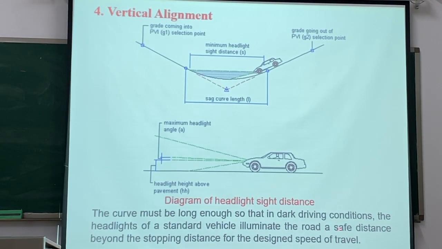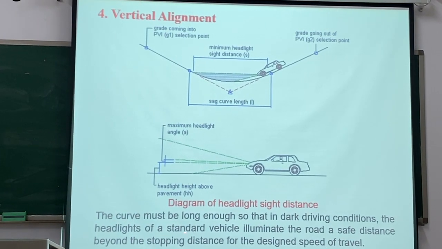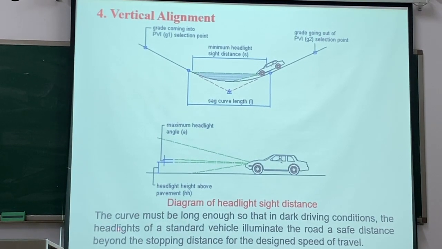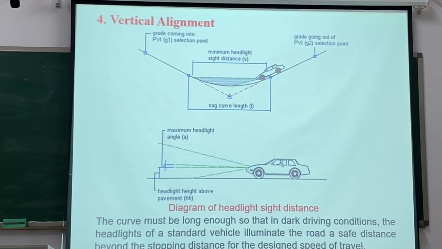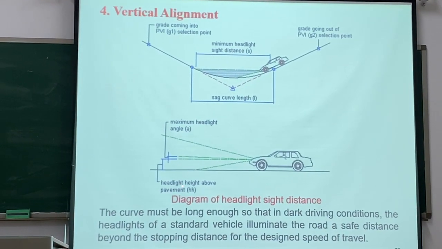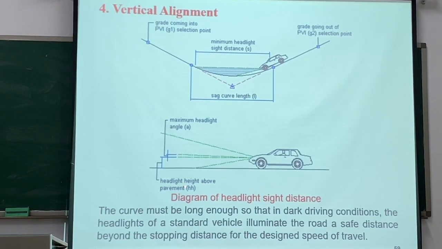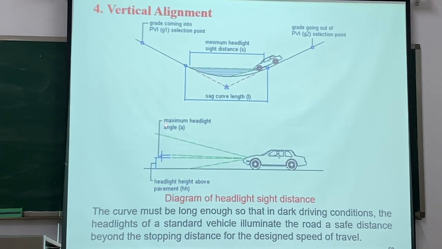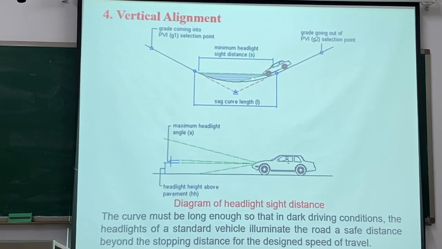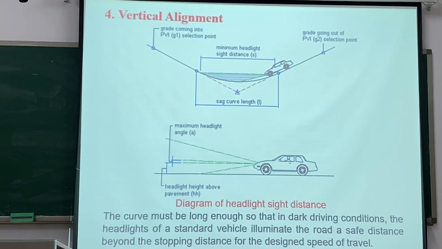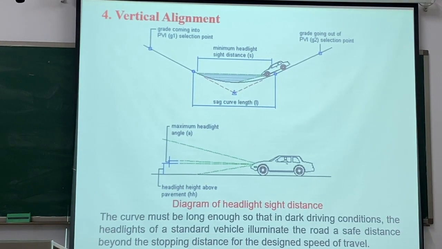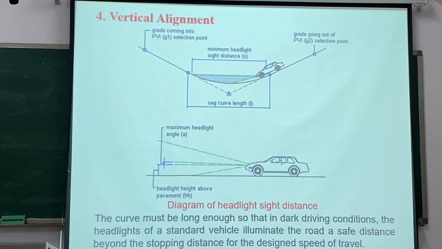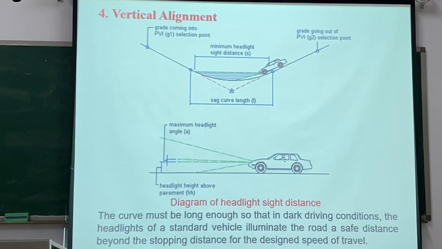So it illuminates the road, and the safety sight distance is larger than the stopping distance. This is the headlight height above the pavement, and the maximum beam angle. We should consider this according to different cars, like SUV or truck.